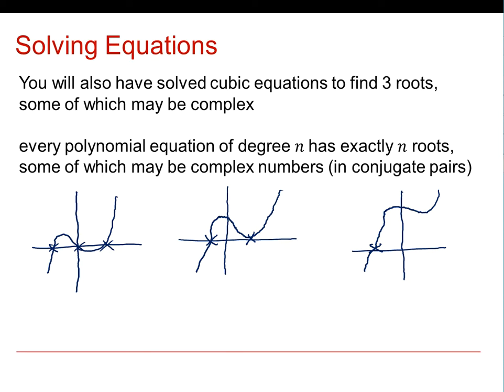If we go on to sketch graphs for quartics, again we'll have an option where we might have four real roots. We could have an option where we have two repeated roots.